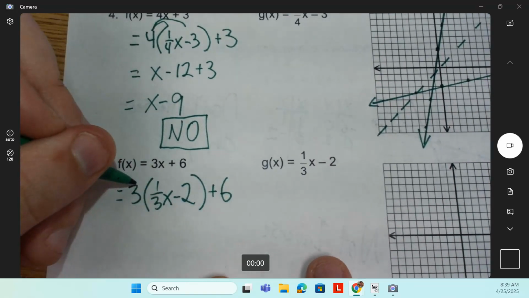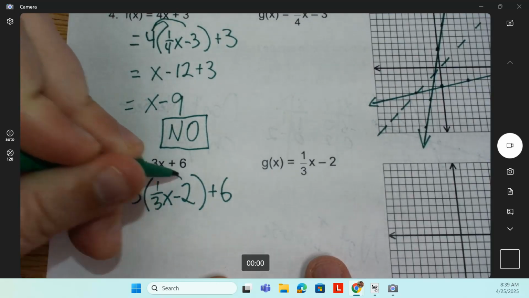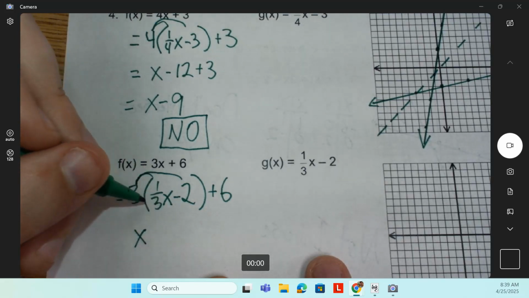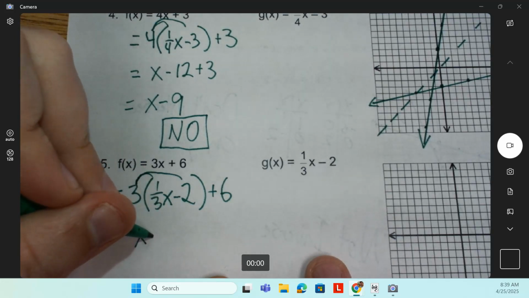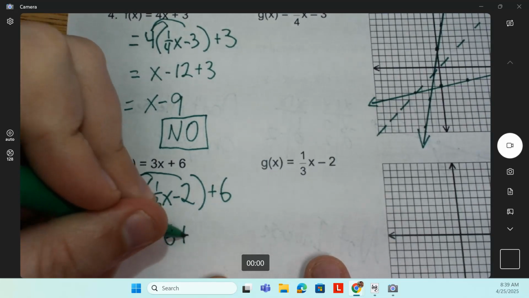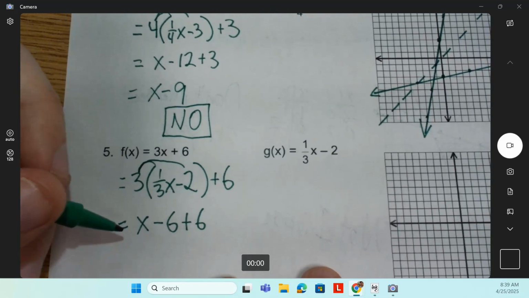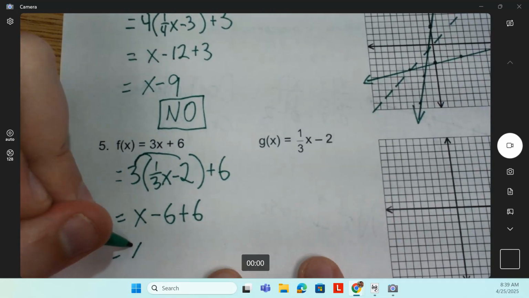I'm going to distribute that 3 out. So 3 times 1/3 is x. 3 times negative 2 gives me negative 6 plus 6. So cancel out. So that equals x.